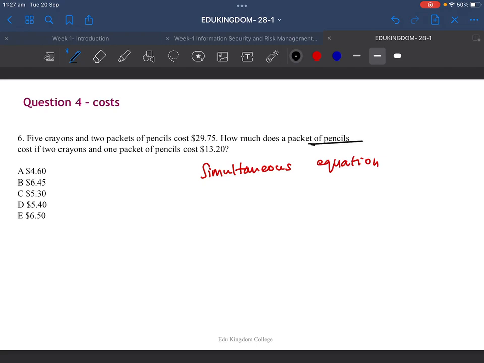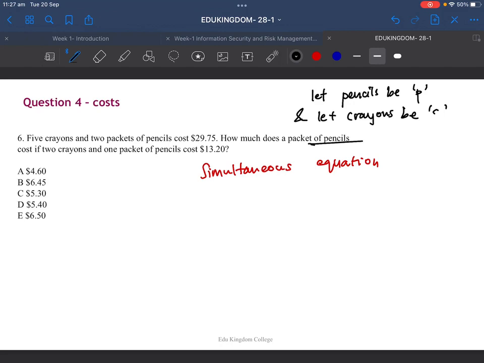Or in other words, I'm going to let pencils be P, and I'm going to let crayons be C. Okay, so always when we're starting with simultaneous equation, make sure you know what your terms mean.